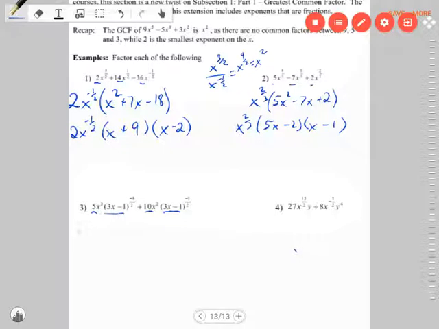The biggest coefficient we can take out is 5. The biggest x we can take out of both is a 2, of course, that's the smallest exponent. And then you also have this 3x minus 1 on both chunks. So we take out the smallest exponent of that, which of course is negative 3/2. So that's the GCF. It looks mean, but it's what it is.